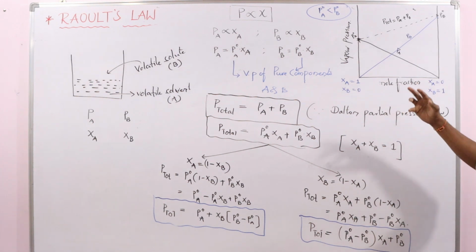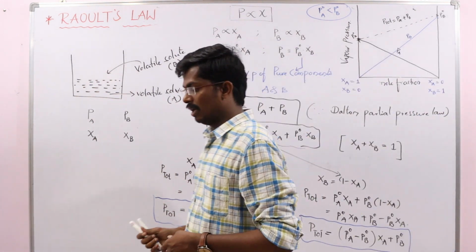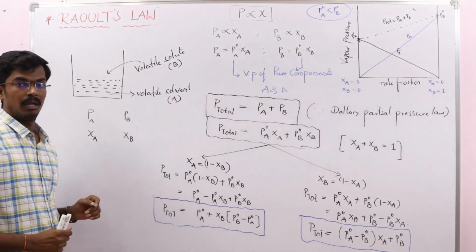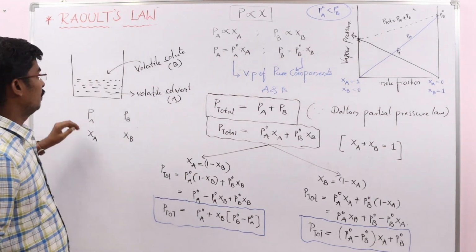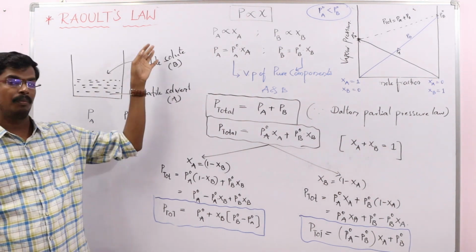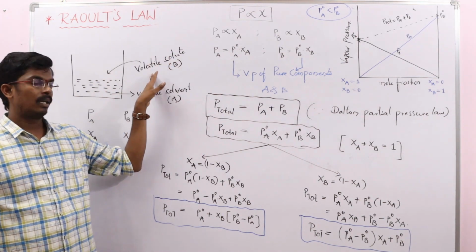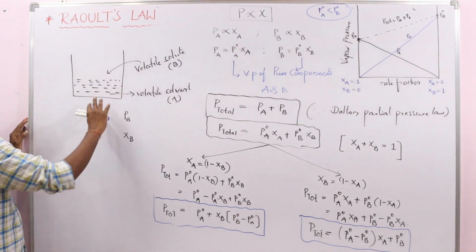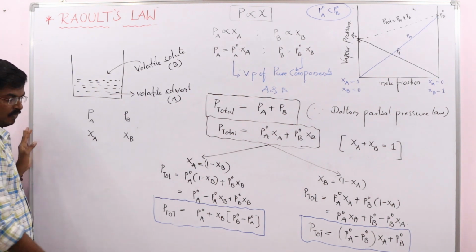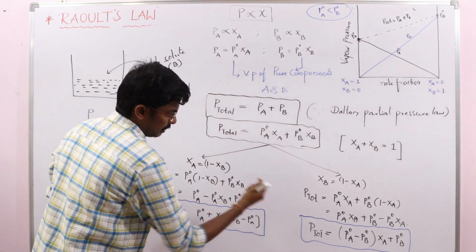This is the relationship between the vapor pressure of a component and the mole fraction of the component. I explained it in two different ways: first, a solution containing a volatile solvent and a non-volatile solute, and second, a volatile solvent with a volatile solute. This is a very important relationship.